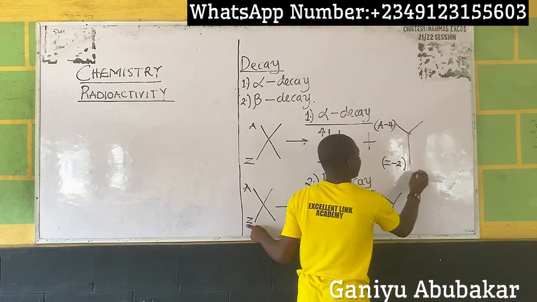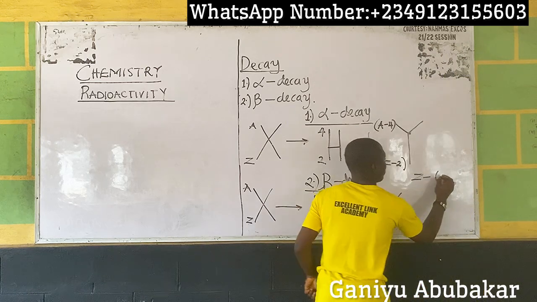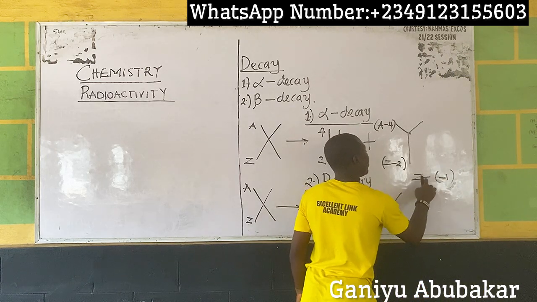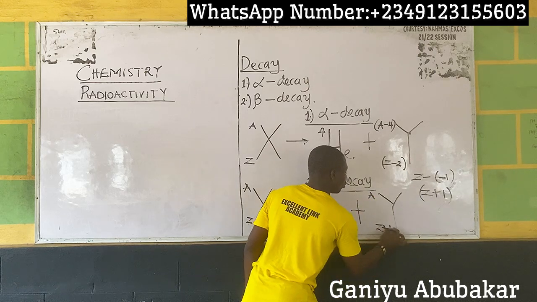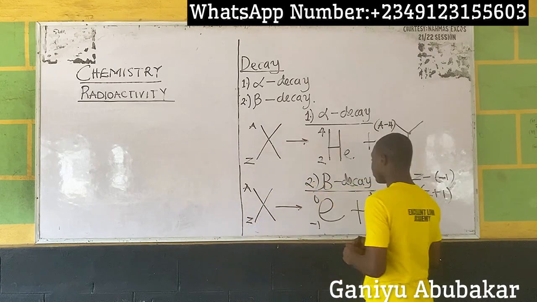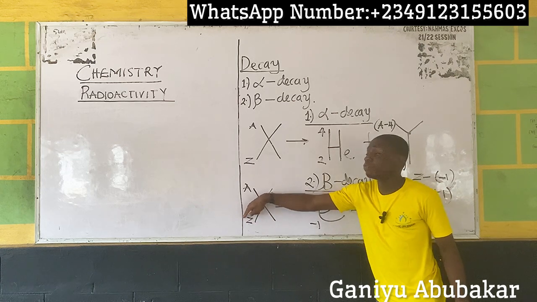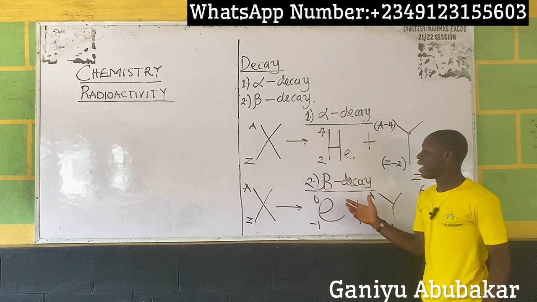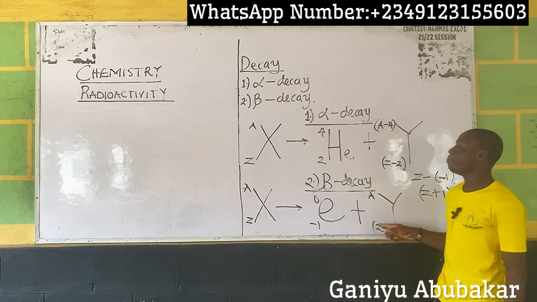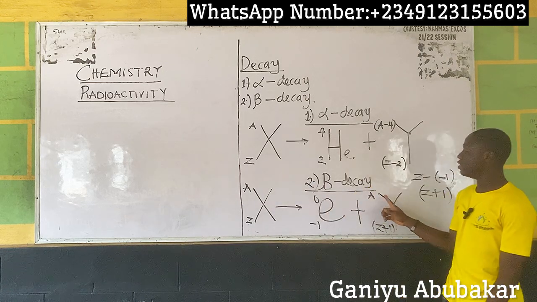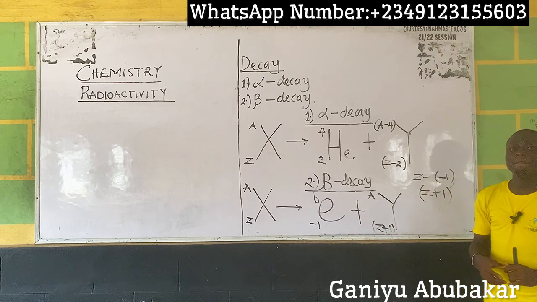I'll have Z minus (-1), so the Z minus -1 is Z plus 1. This shows that for beta decay, the atomic number is increased by 1, while the mass number remains the same. This basically explains alpha and beta decay.